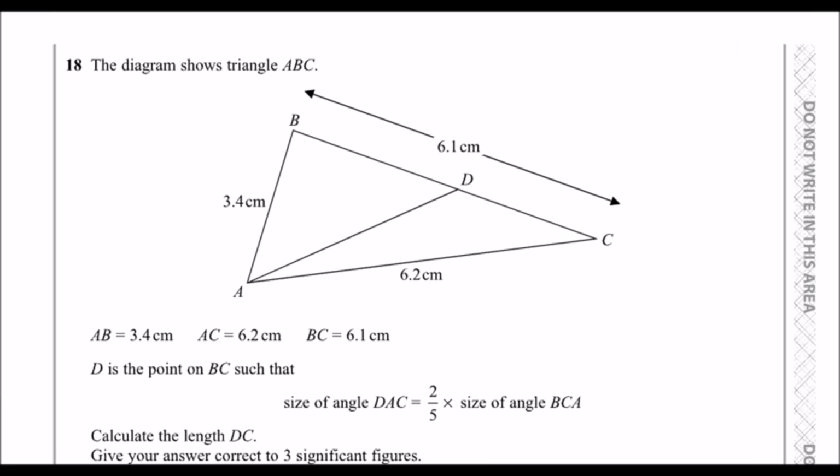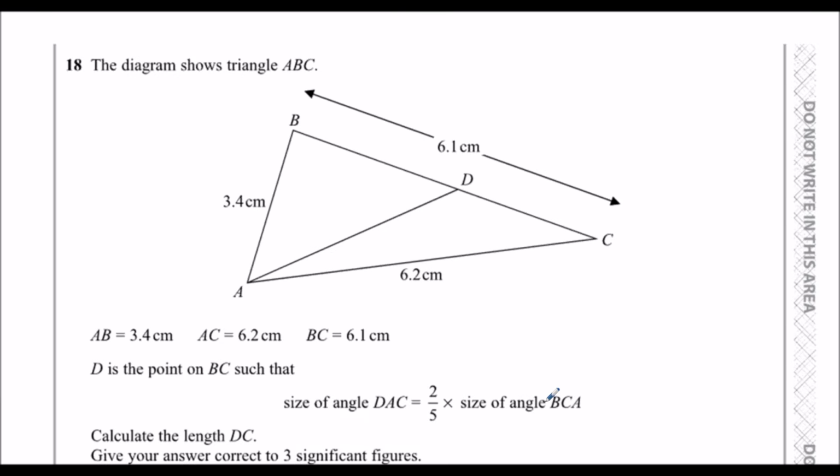Question 18. The diagram shows triangle ABC, and we've got all this information. AB is 3.4, AC, BC, all shown on the diagram. D is the point on BC, such that the size of angle DAC is 2/5 the size of angle BCA.